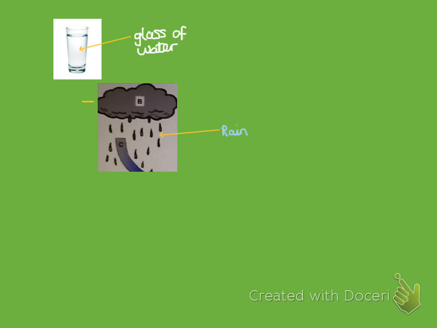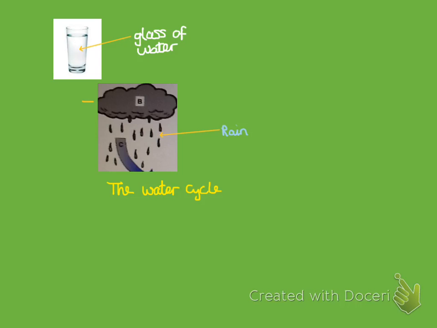The earth has a limited amount of water. That water keeps going around and around. Well, you get the idea in what we call the water cycle.